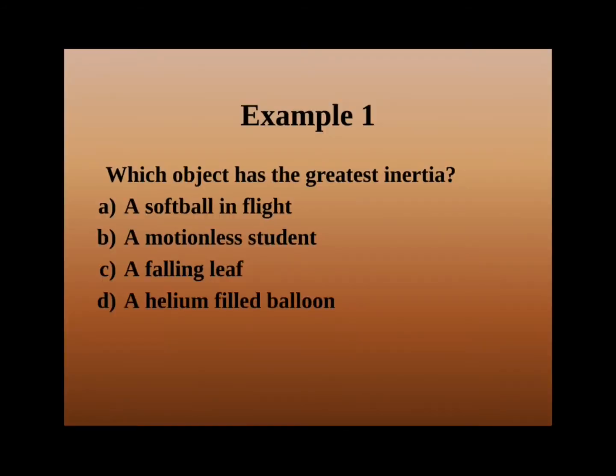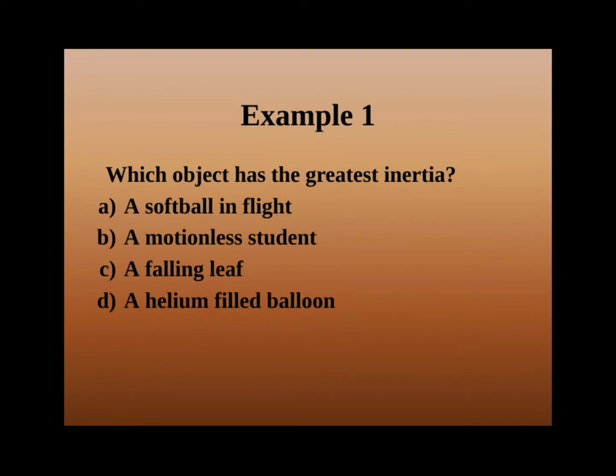Let's take a look at an example of inertia. You might get asked something like this: which object has the greatest inertia? Something we need to take into account is that inertia is completely based off of something's mass. It doesn't matter if it's moving, staying still, or where it is, it's still going to have the same inertia.